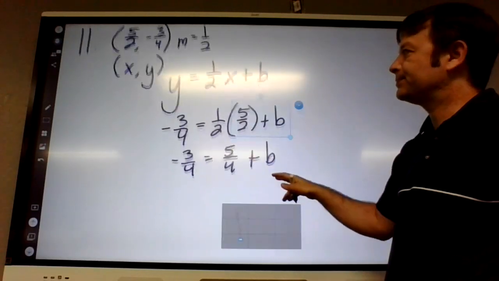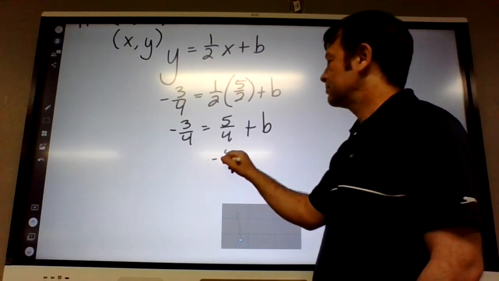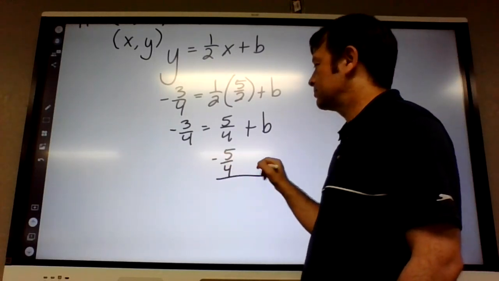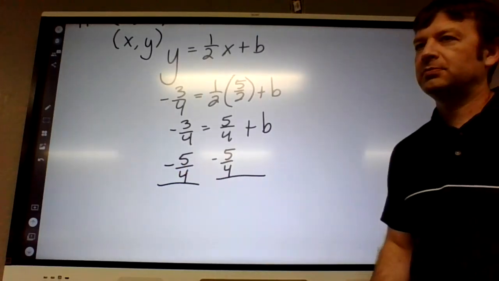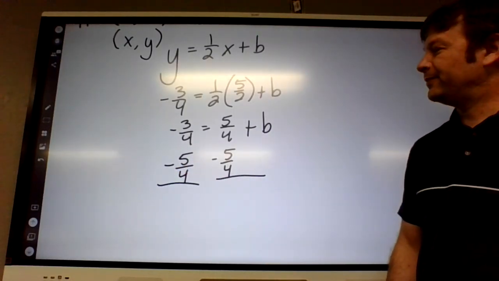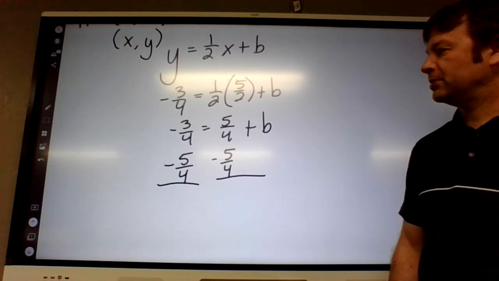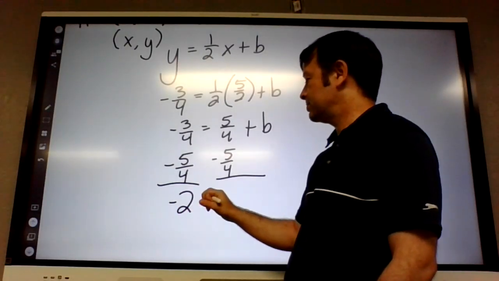Okay, now what? Now you're going to subtract 5/4. That's going to be negative 8/4 minus 5/4, which changes into negative 2.